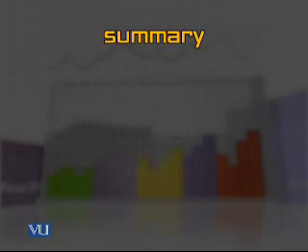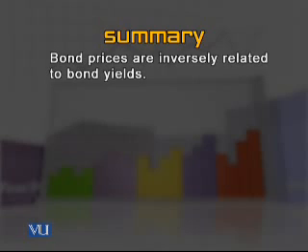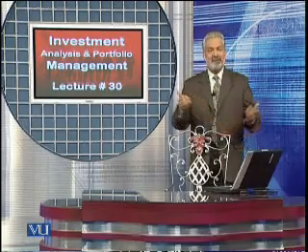So if we were to summarize all this, we would understand that we found a lot of things: that bond prices are inversely related to bond yields. Bond yields and bond prices have an inverse relationship. As soon as the change comes in yields, it comes in prices. There is an inverse relationship between bond prices and bond yields.